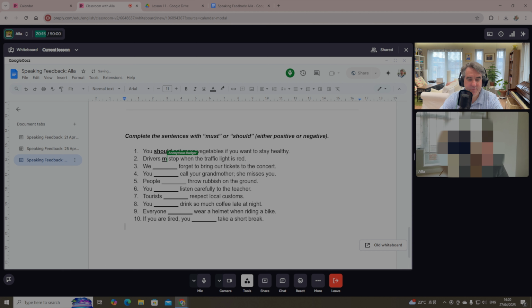Drivers must stop when the traffic light is red. Yeah, very good.